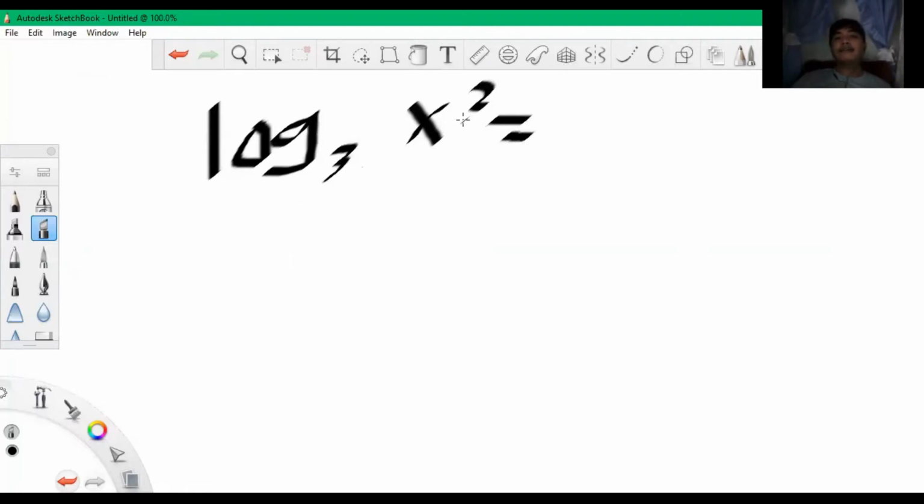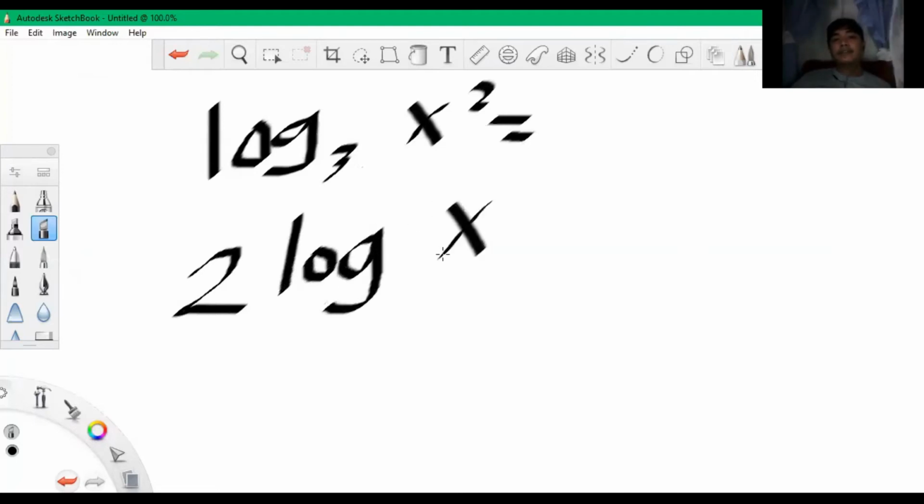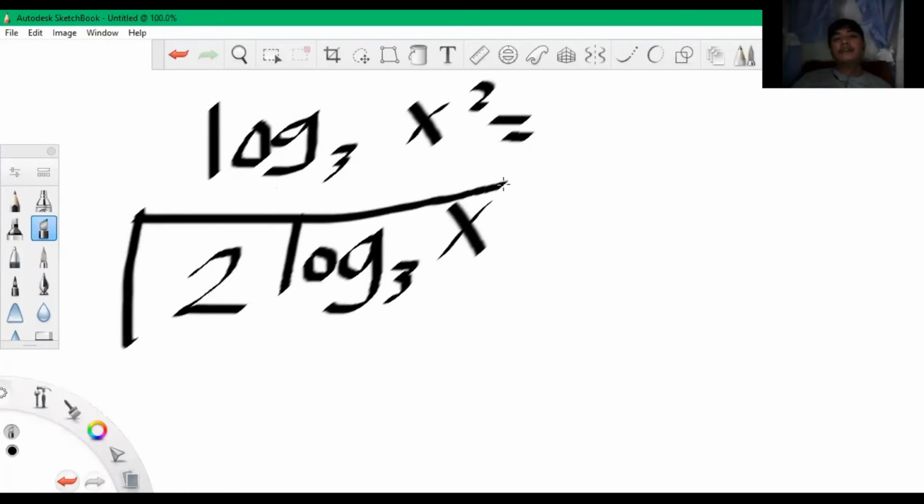So in this case, we have 2 as the exponent of the answer. So we will get 2, and then write the logarithm of x to the base 3. So the logarithm of x squared to the base 3 is also equivalent to 2, and then the logarithm of x to the base 3.